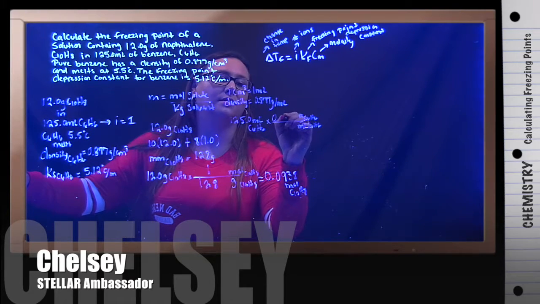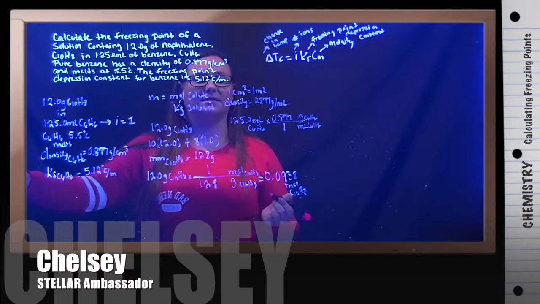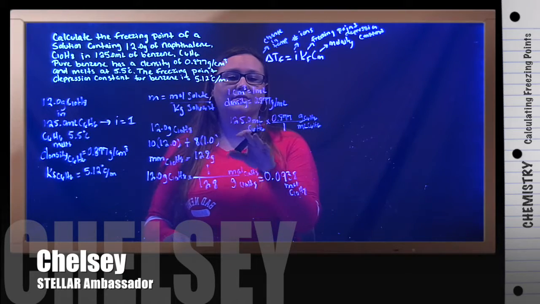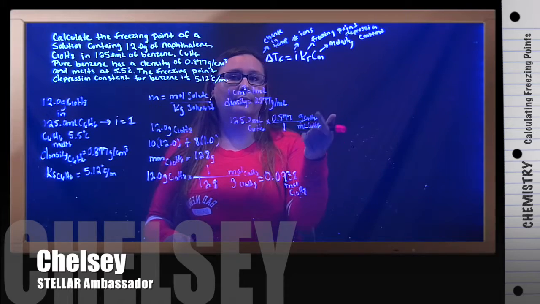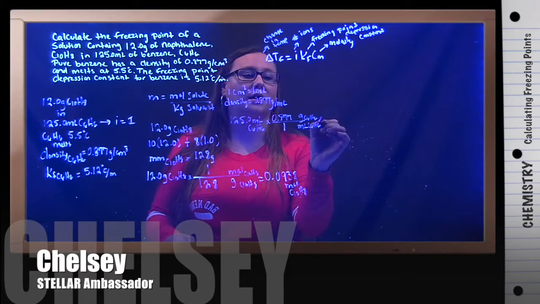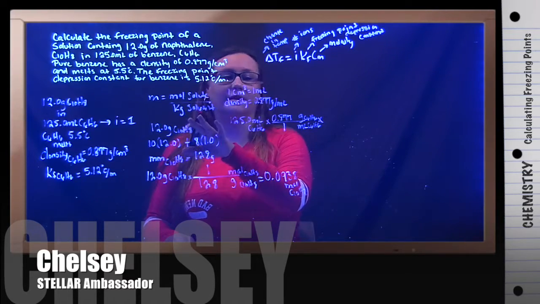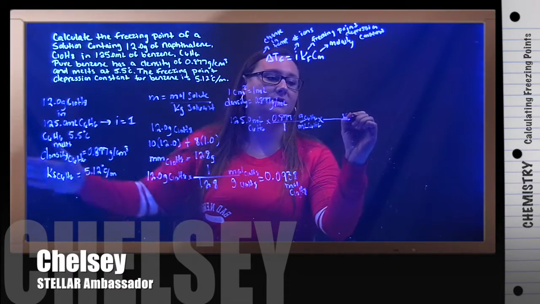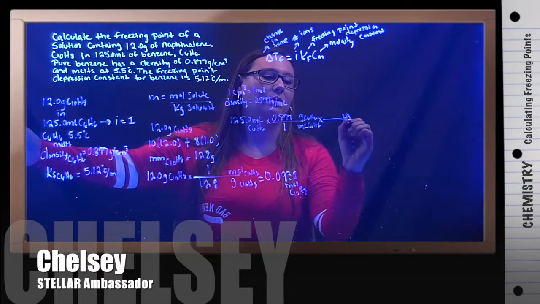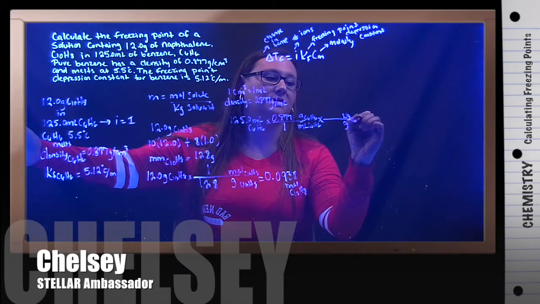There are 0.877 grams per 1 milliliter of benzene. So if we take 125 times 0.877 divided by 1, that'll give us our grams. But we don't want grams, we want kilograms because that is in our molality formula. So therefore we have to take it one more step. We want kilograms, so kilograms is going to be on top. We want to get rid of grams, so grams is going to be on the bottom.